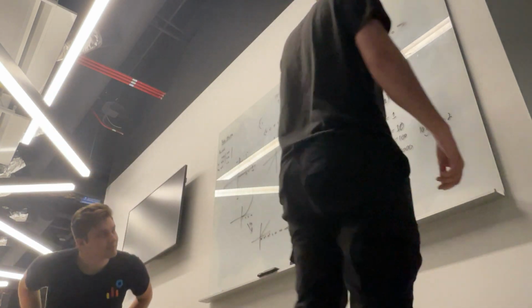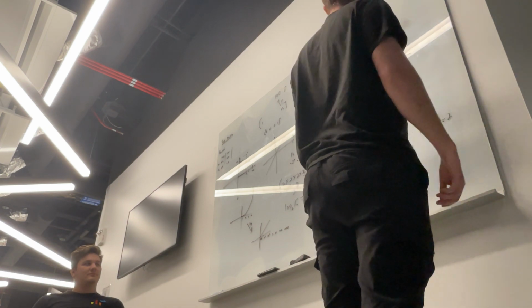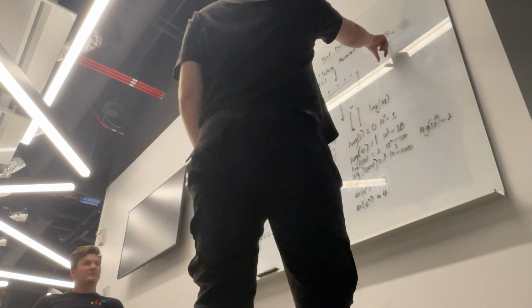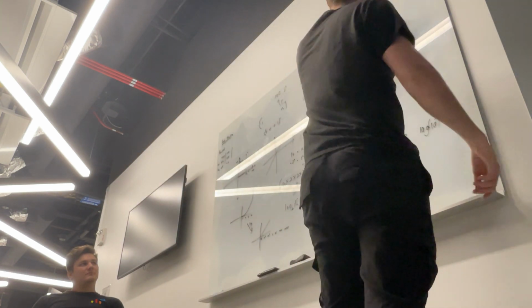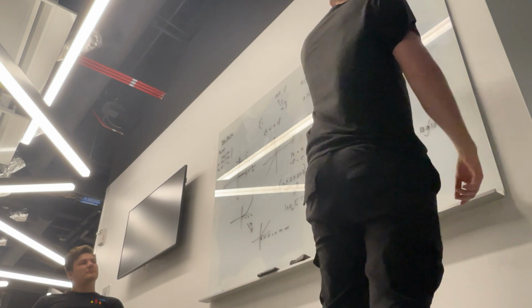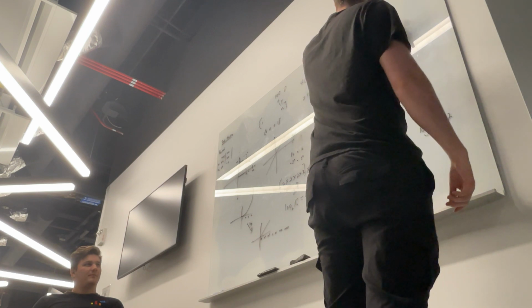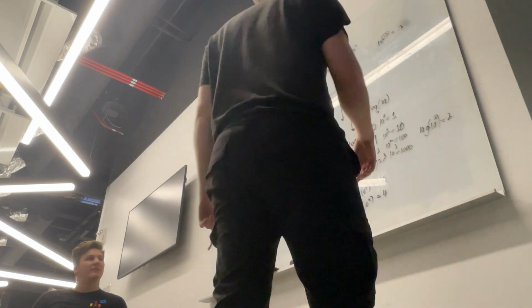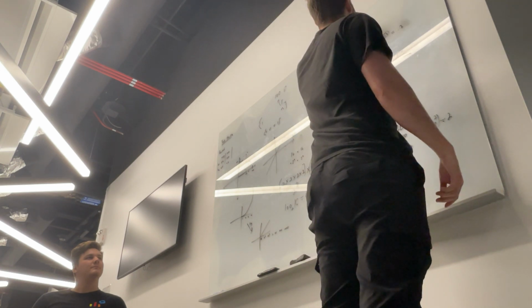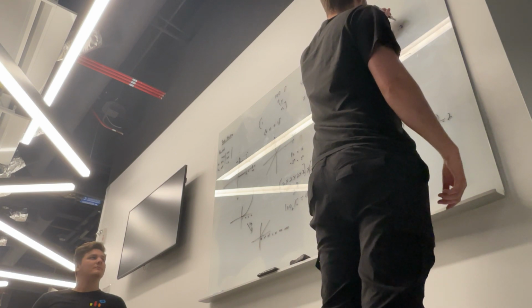Interesting. So 10 to the negative 1 would be 0.1, because it's 1 over 10. Now do 10 to the negative 2. That would be 0.01.